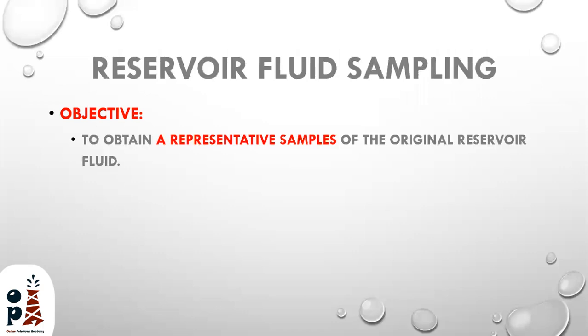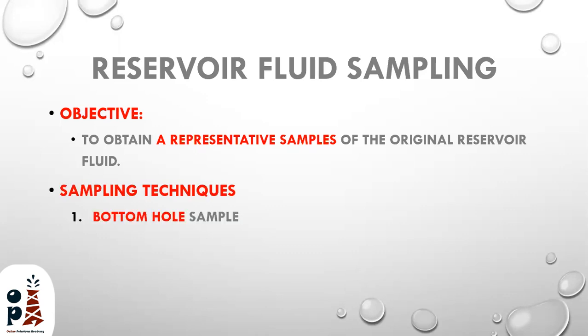Our objective in the reservoir fluid sampling process is to have a representative sample of our reservoir, because we will use this small sample to simulate or mimic the depletion and the thermodynamic behavior of the reservoir fluid in our reservoir. For the sampling techniques, we have two broad categories: bottom hole sampling and surface recombination sampling.